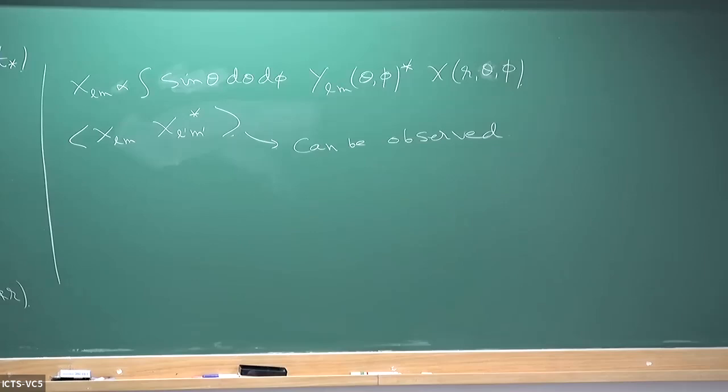So let's try to calculate this. Chi_LM is given here, so we'll use this formula to write the two-point function of chi_LM, chi star L'M'.